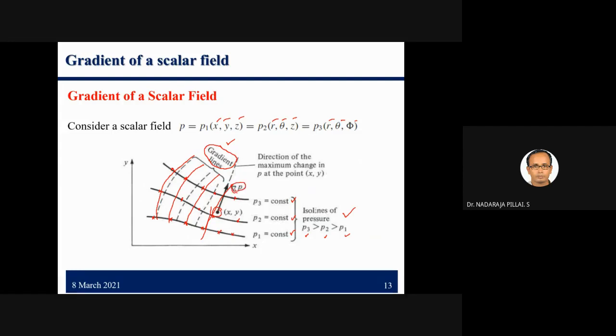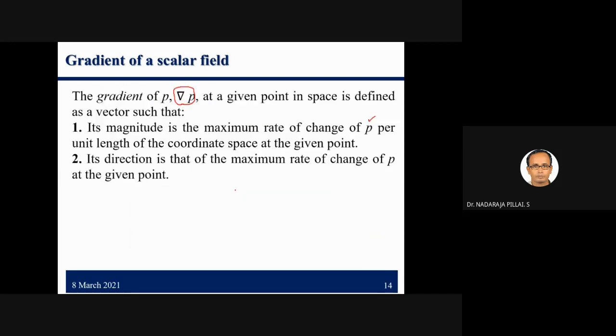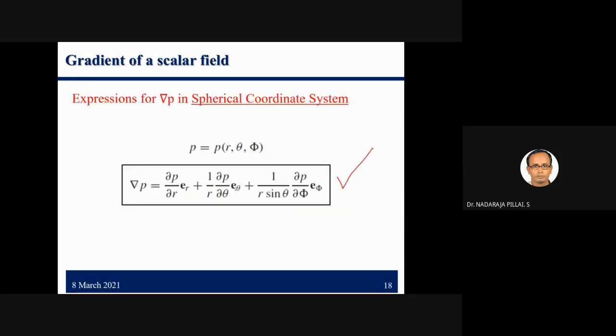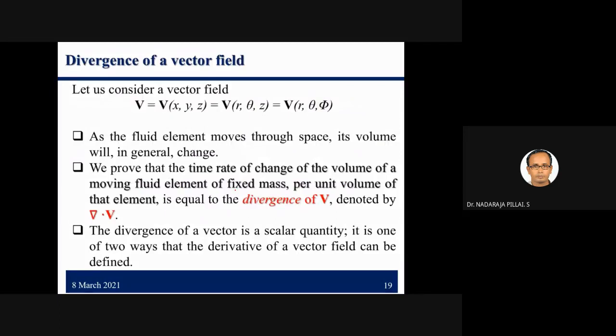That is the concept. Every time when we think about a gradient or divergence or curl, you should always remember the physical significance of that particular term. Now, we will think about the divergence.